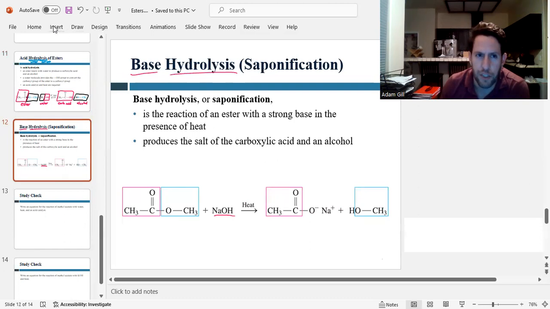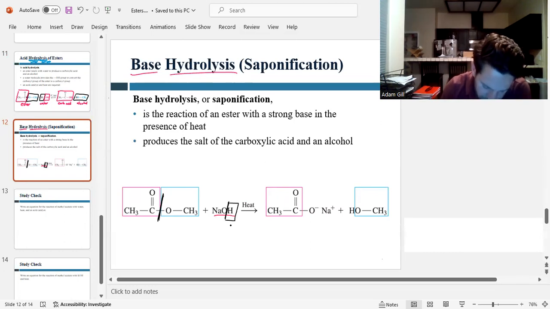The same general process happens. We are cutting the ester open, but we're not using water, we're using a base. And so instead of H2O, we have NaOH.